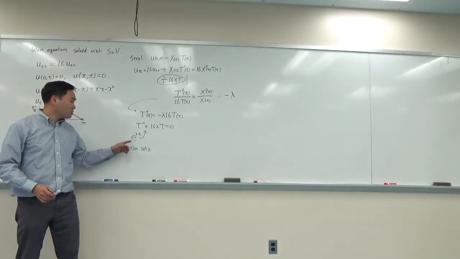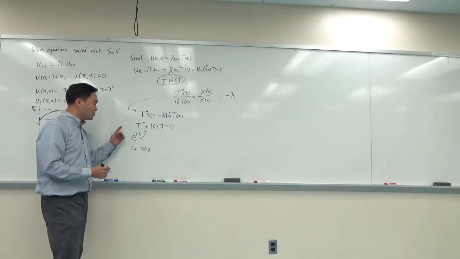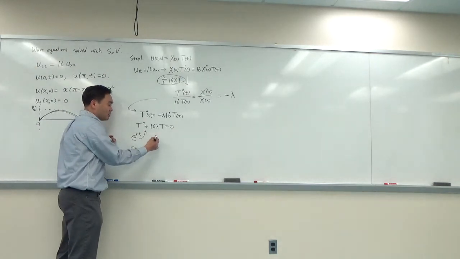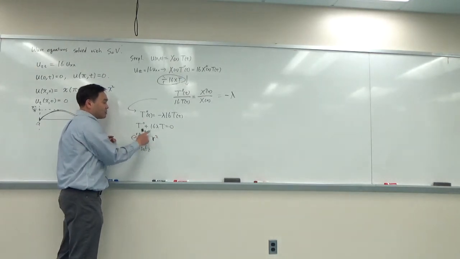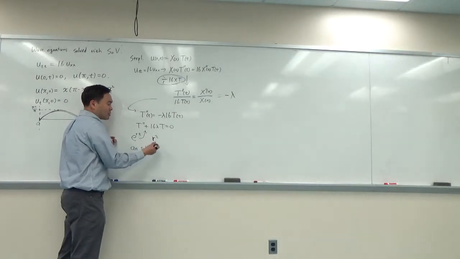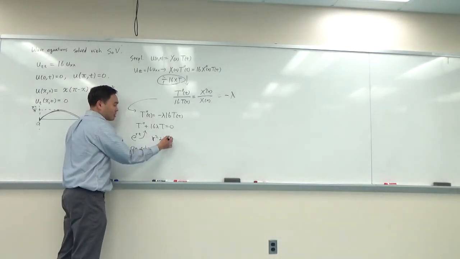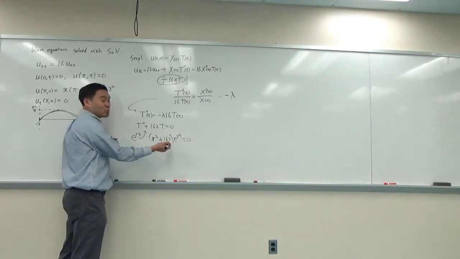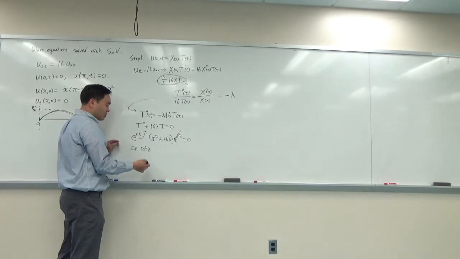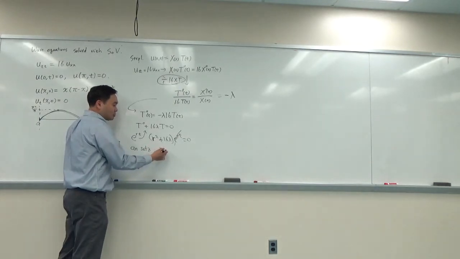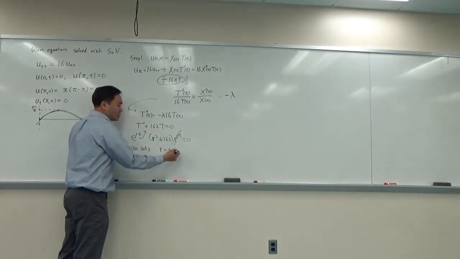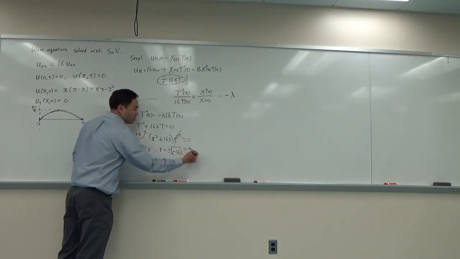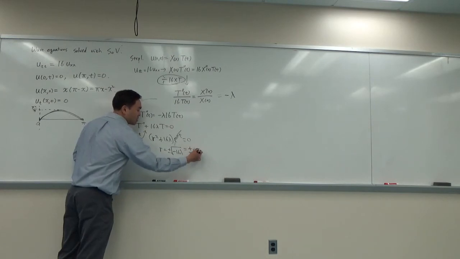Okay, so you plug this in, and you see that when you differentiate this twice, r comes down twice, so you get r squared. And then when you plug in here, there's no derivative, so r doesn't come down, so you end up with 16 lambda times e to the rt equals 0. But an exponential function is never 0, so cancel that. And you end up saying that r must be plus or minus the square root of negative 16 lambda, which is plus or minus 4 times square root of lambda times i.